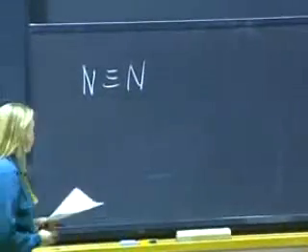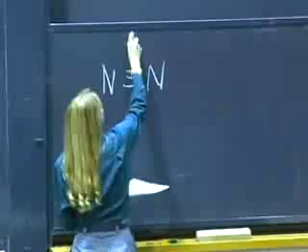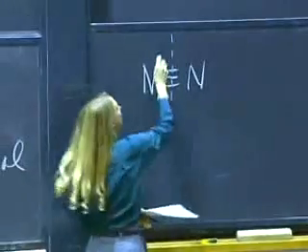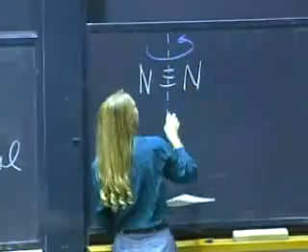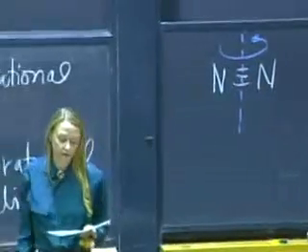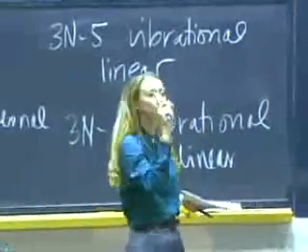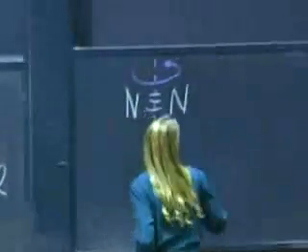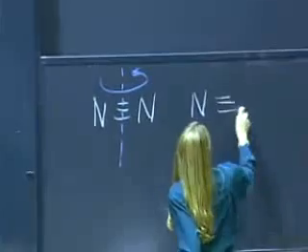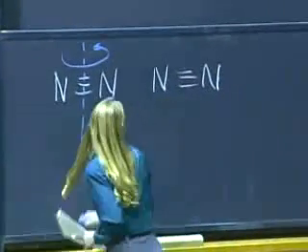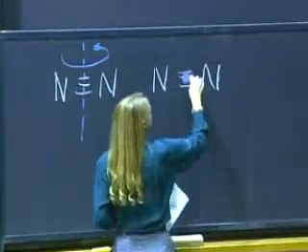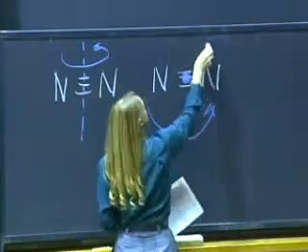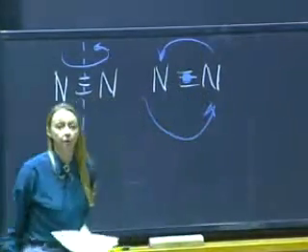One of those rotational modes is rotation about an axis in the plane of this board, and it's rotation around this axis. That axis goes through the center of mass of that molecule. That's one of the rotational modes. Another rotational mode is rotation around an axis here that is perpendicular to the board. This is another rotational mode.